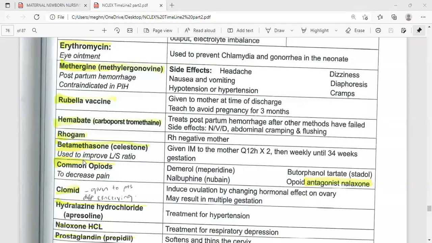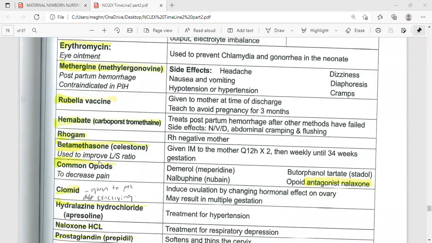So next drugs here, common opioids. Common opioids we use to reduce pain, right? So what are the other common prescription opioids? Hydrocodone, oxymorphone, morphine, or codeine.